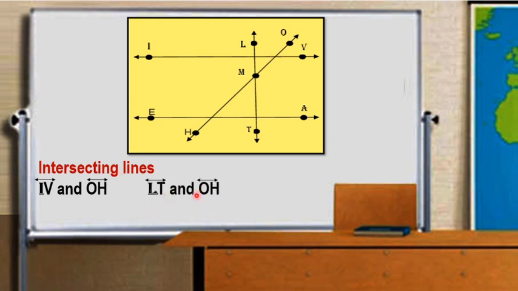Line LT and line OH. They intersect at this point, point M. And the last one, we have line EA and line OH. Where do they intersect? Excellent! Line EA and line OH intersect at this point.